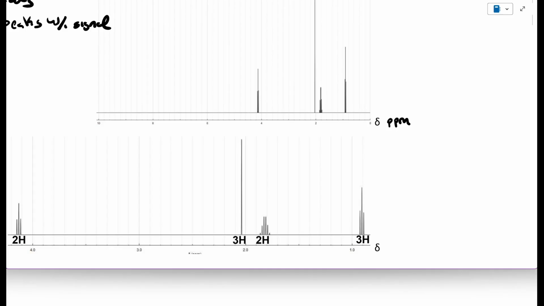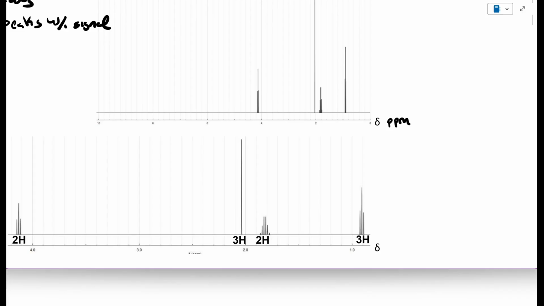For any given molecule, every hydrogen will have the same x-axis value no matter what NMR you acquire the spectrum on, no matter what the magnet strength is. So this signal at around 4 in this particular NMR will show up around 4 on a 300 megahertz instrument, and a 400 megahertz instrument, and a 500 megahertz instrument.